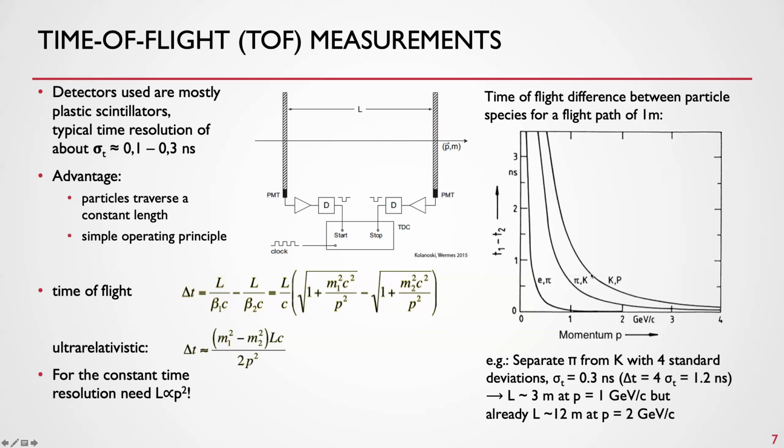In other words, if you have pions or kaons at 1 GeV and you want to discriminate them with a resolution of 0.3 nanoseconds and you want, on average, to see a difference of 4 sigmas in the timing resolution, the detector must be 3 meters. Well, you can probably build this, but if you then want to do something else with your detector, for example, investigate a different process, and you need to separate pions and kaons at 2 GeV, then the length would be 12 meters, and that's unfeasible.